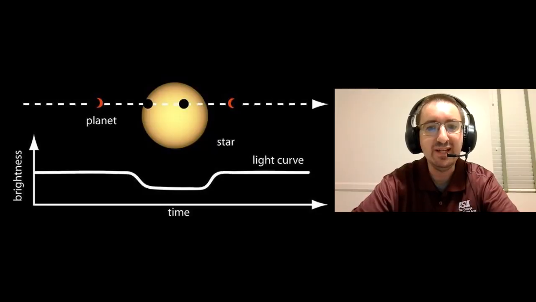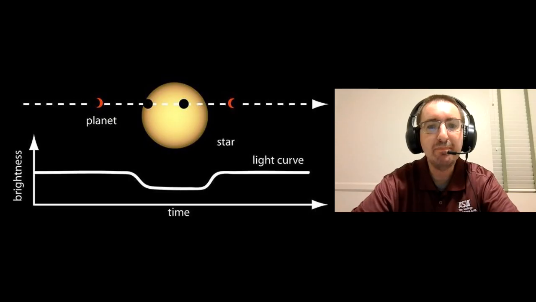So instead of trying to see the planets themselves, scientists look for the effects those planets have on their stars. One of the most common methods used to detect exoplanets is called the transit method.